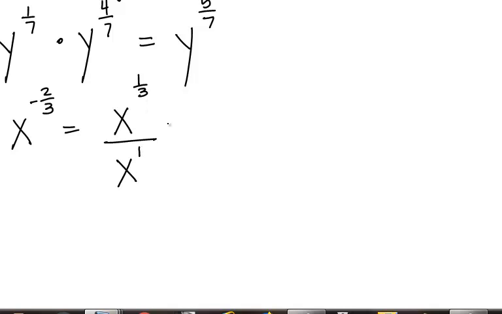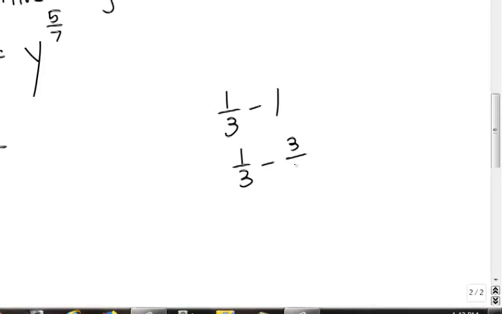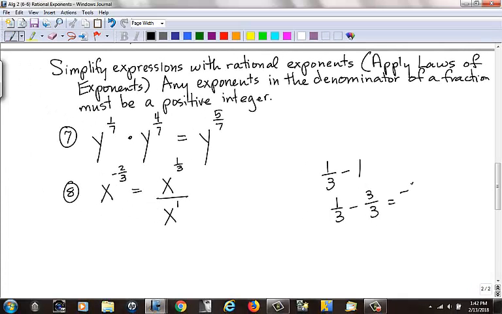Because when you simplify that, what's 1/3 minus 1? 1/3 minus 3/3 is the negative 2/3. So they're saying this has to be positive. Any exponents in the denominator have to be positive integers.